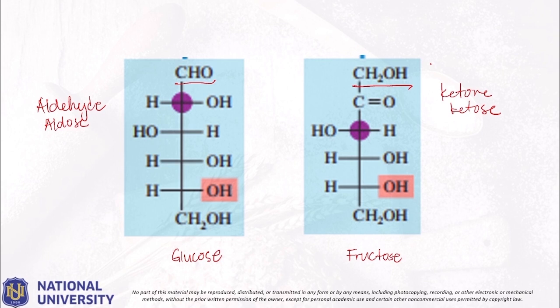Now, paano malalaman kung D or L? Doon sa pinaka farthest from the aldehyde and the ketone group and yung pinakamataas na chiral center. So, this is the first chiral center. No, ito naka-violet. Bakit siya yung first chiral center? Bakit hindi ito?